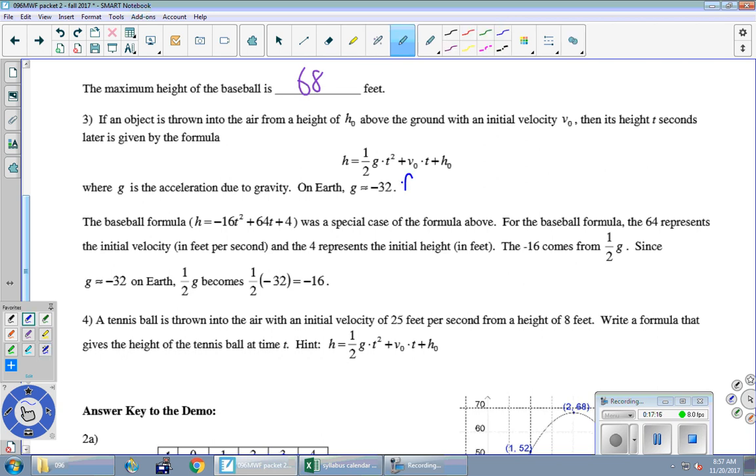You don't need to worry about them, but it's negative 32 feet per second squared. Whether you are dropping a piano or a baseball, it is negative 32 feet per second squared. Okay, the t squared, well, we saw the t squared in our formula. That's just time. v sub 0, it's written up here. It says it is the initial velocity of the object, whether it's a piano or a baseball. v sub 0.